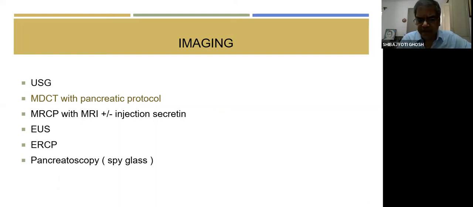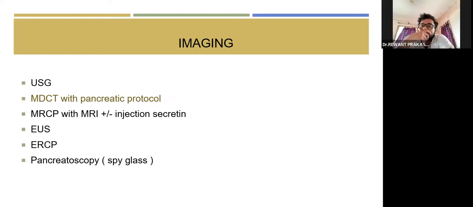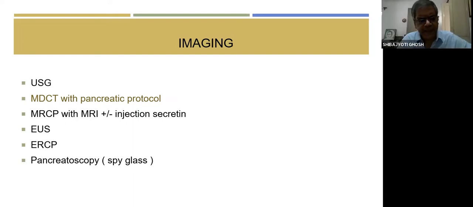So secretin-induced MRCP will probably give some clues regarding the diagnosis. And in suspicious cases where there is suspicion of malignancy, we can always use endoscopic ultrasound. We can also take FNAC. So that is supplementary to the earlier investigations.